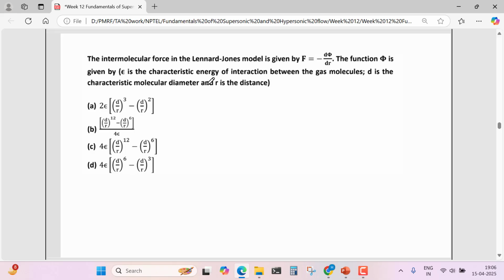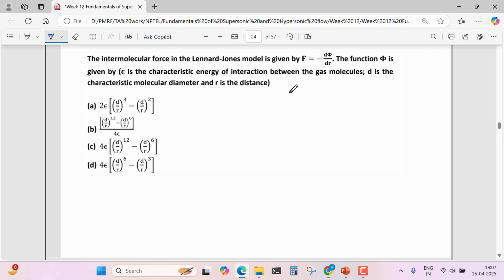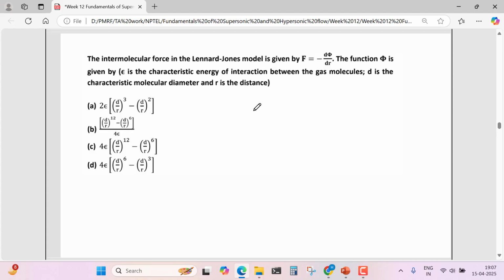Intermolecular force in the Lennard-Jones model is given by F equal to minus d phi upon dr. The function phi is given by, epsilon is the characteristic energy of interaction between the molecules, and d is the characteristic molecular diameter, r is the distance. Option A is 2 epsilon d upon r cube minus d upon r whole square.